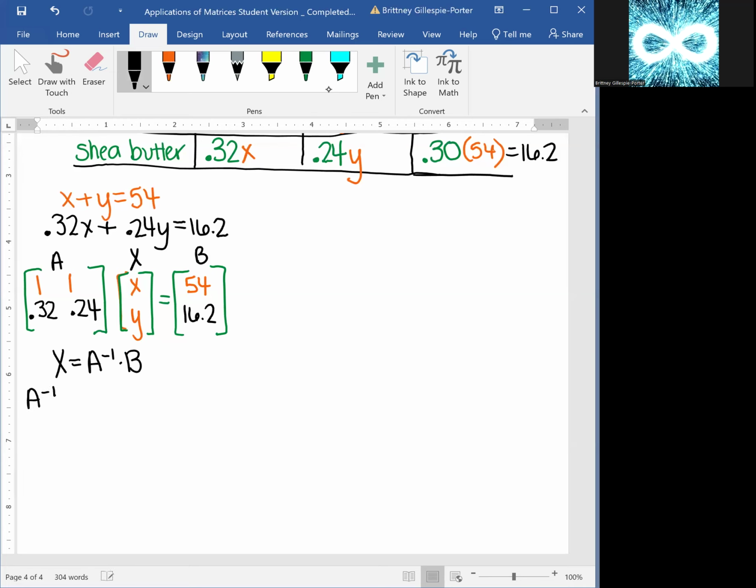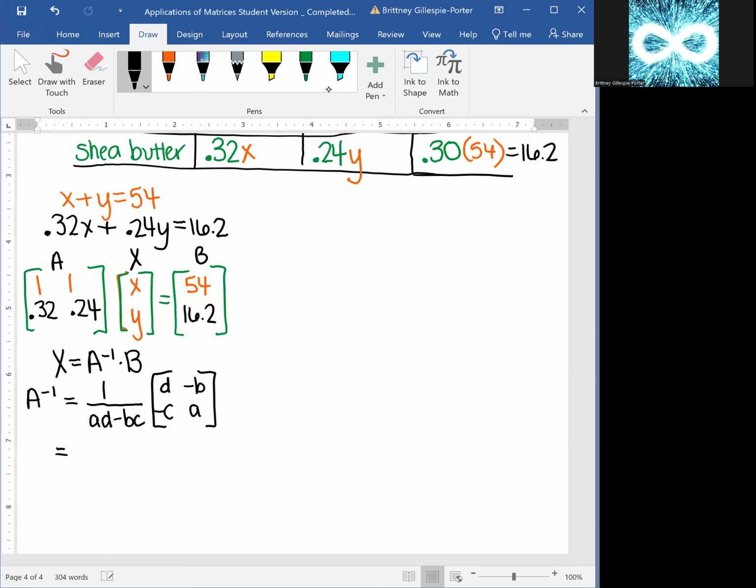If you don't have the formula memorized, you're going to want to do that. We have 1 all over AD minus BC times our crazy matrix, where D and A flip-flop, and we negate on the backswing, just like we have the negative in the denominator.